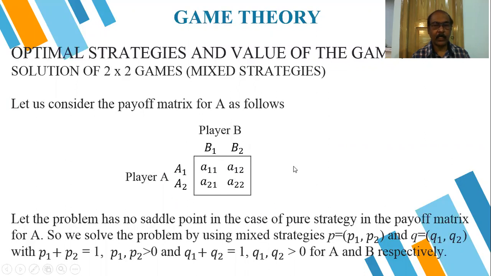P1 and P2 will be 1 minus P1. Similarly, for Q1, block it: A22 minus A12, and the denominator is the same. For the value of the game, V equals the value of the determinant, A11 A22 minus A21 A12, divided by the denominator, A11 plus A22 minus (A21 plus A12).